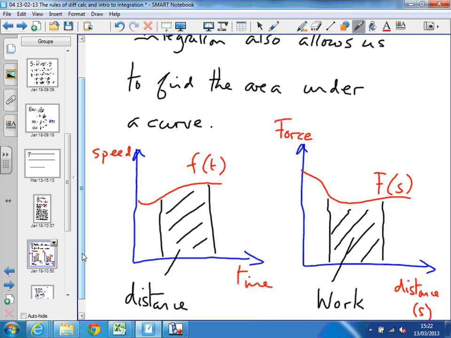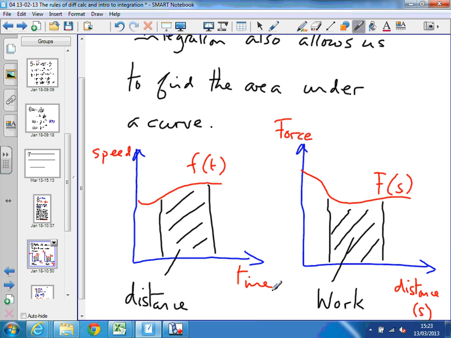It's useful because, as we'll see, and we'll talk about more on this later on, but it's worth looking at it now. If I've got some function relating the speed of an object with the time, then if I integrate that, I end up with the area under the curve, which tells me the distance travelled, because distance is speed times time.